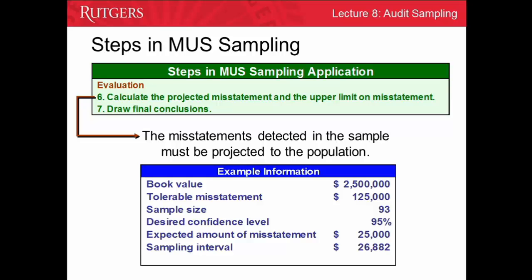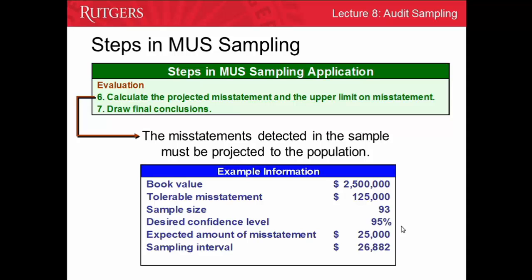So now I'm going to tell you how to calculate the projected misstatement and upper limit on misstatement using the example. This is the information of this example. The book value of the population is $2,500,000 and tolerable misstatement is $125,000 and the sample size is 93 and designed confidence level is 95%.